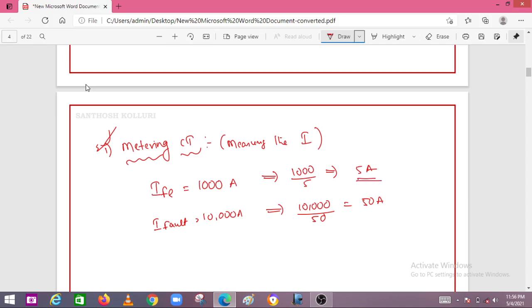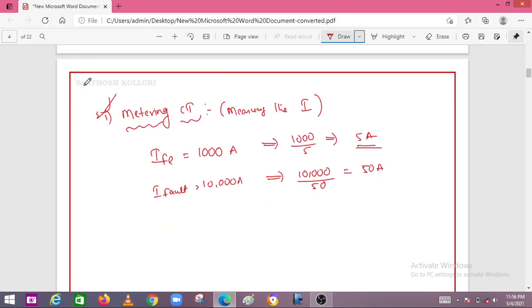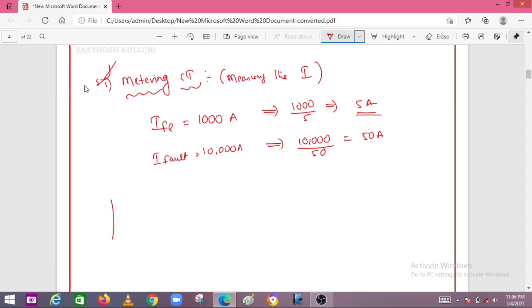For example, if there is an abnormal current, then the secondary current should not be 50 ampere, because after reaching 5 ampere the core of the transformer should reach saturation. What is the need to measure this fault current in the metering CT? It is not required. The metering CT is designed to measure up to 5 amperes: 1, 2, 3, 4, 5.